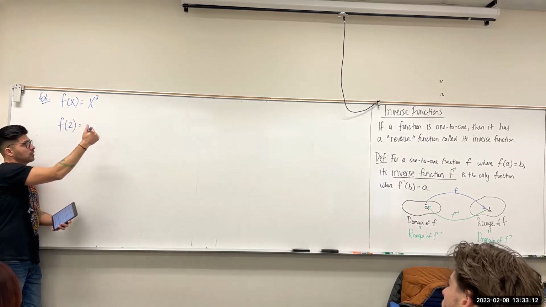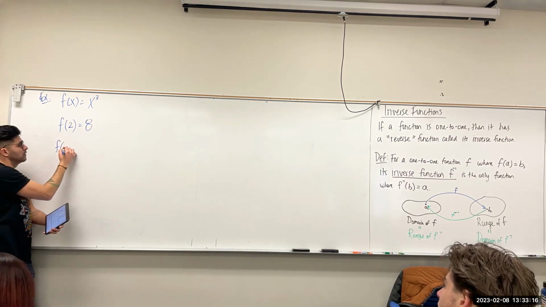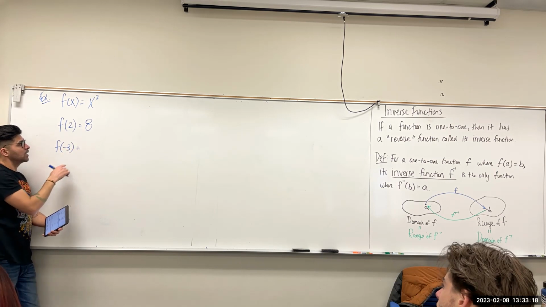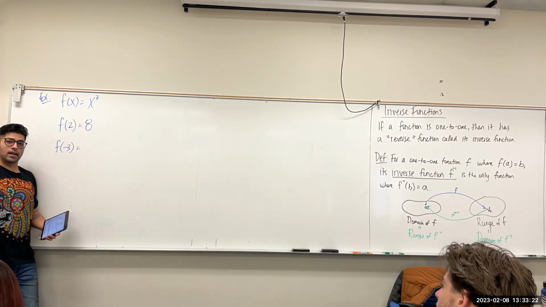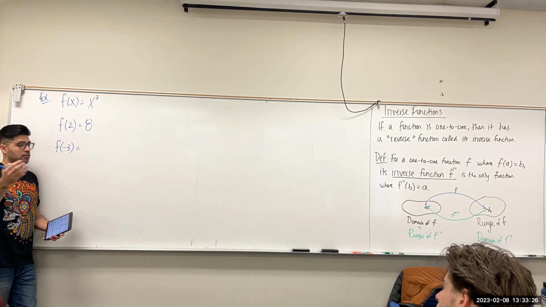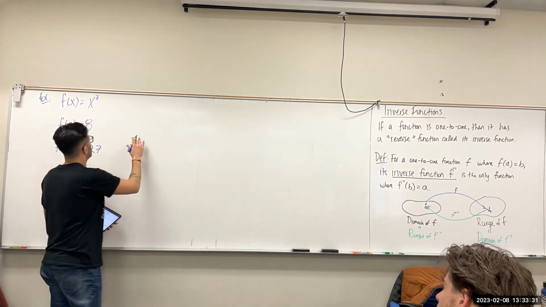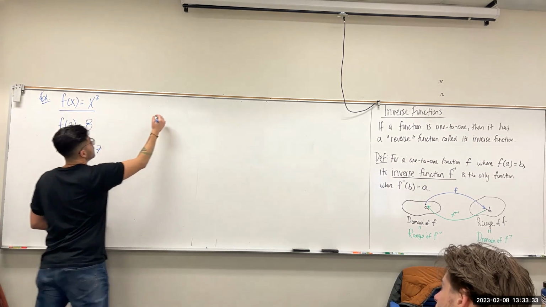What's 2 times 2 times 2? 8. Okay. Let's do another one. Plug in -3. -3 cubed. -3 times -3 and another negative, so it's going to be negative. Okay. So this is the function.